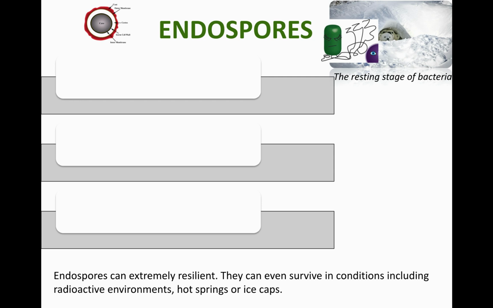One strategy of bacteria is the ability to develop what we call an endospore. An endospore is a tough outer coating that develops around a bacterial cell when the cell is in danger. The cell could be in danger because conditions suddenly change.